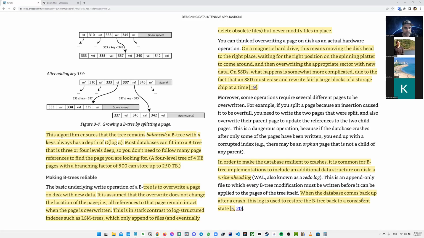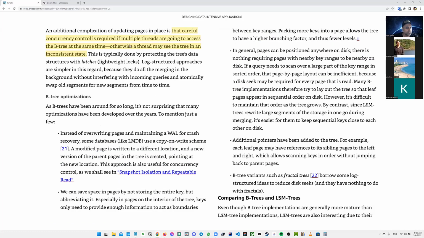When the database comes back up after a crash, this log is used to restore the B-tree. So the point is it's a tree that also has this append log on the side, and that's how they'll bring it back. But it's not this in-memory hash table. It's more like a tree.